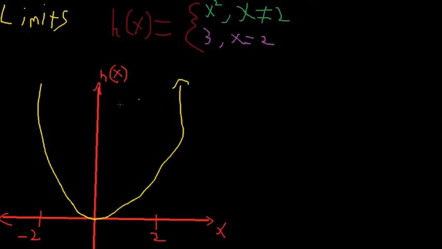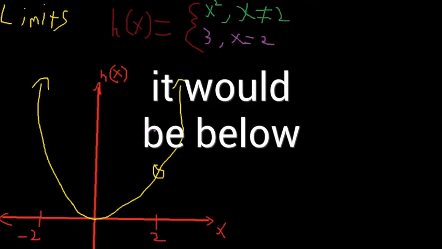Sorry for the bad drawing. But right here, this point wouldn't count if we plugged it into the function h of x, because x equals 2 would actually end up equaling 3, which would be up there.